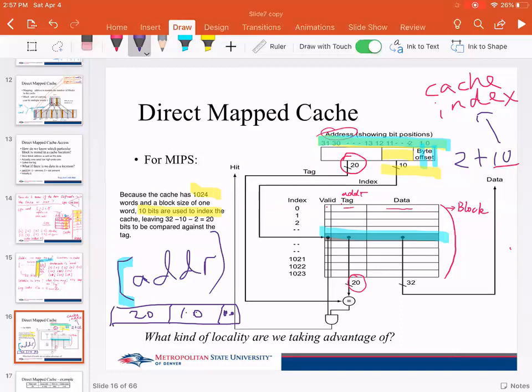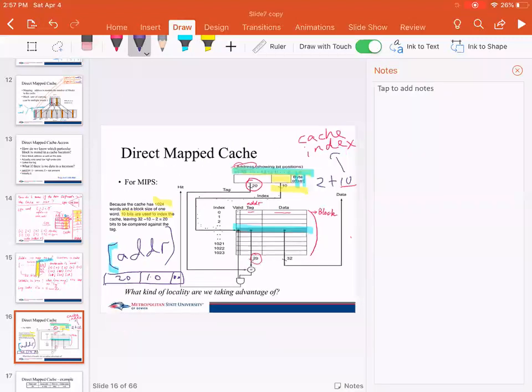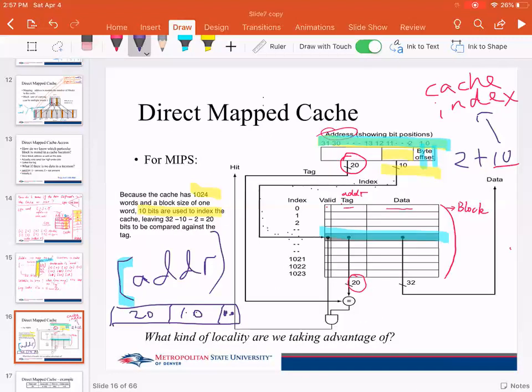So the first thing I will do is take the 10 bits, because the 10 bits will tell me where it is mapped to the cache. I use those 10 bits and go to the proper cache location, and suppose it is valid.